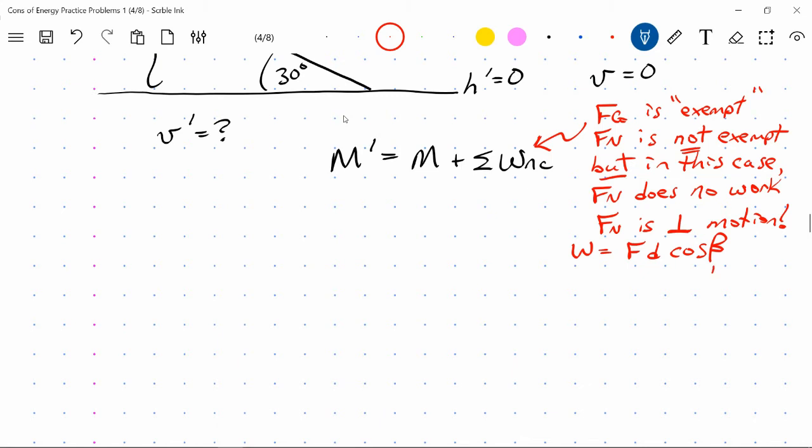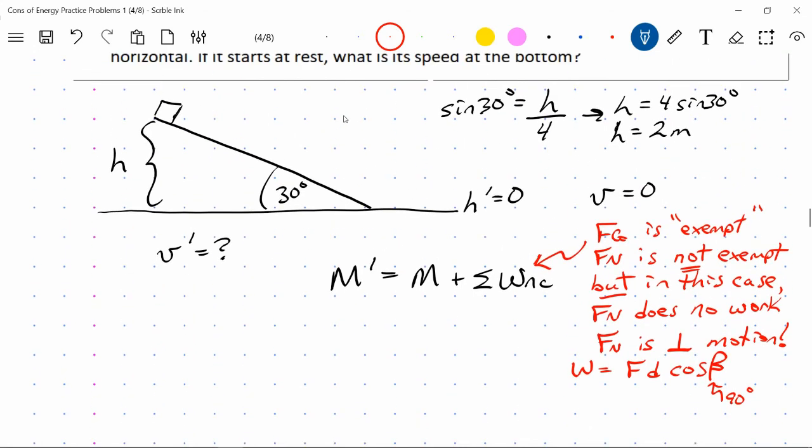The cosine of a 90-degree angle is 0. So any force that is perpendicular to the movement does no work. So in this case, I can legitimately strike this term out. There were no non-conservative forces that did work. But just to be clear, there actually was a non-conservative force present. It just didn't meet the conditions of doing work because it was perpendicular to the motion.